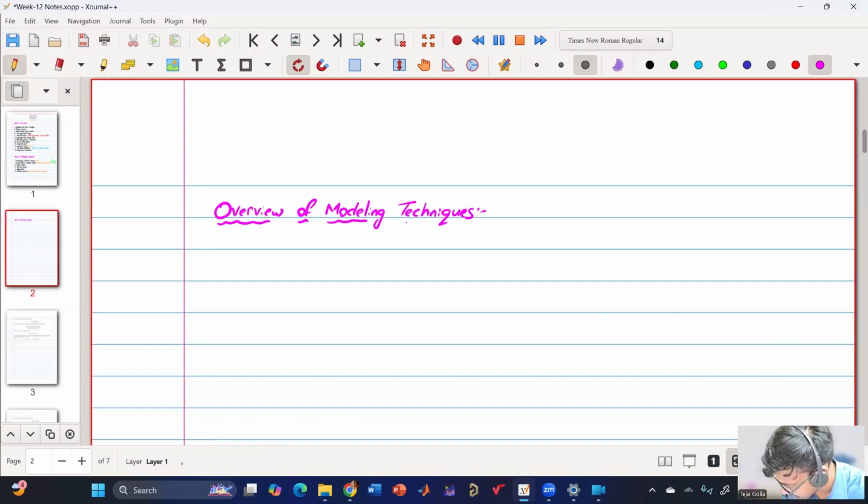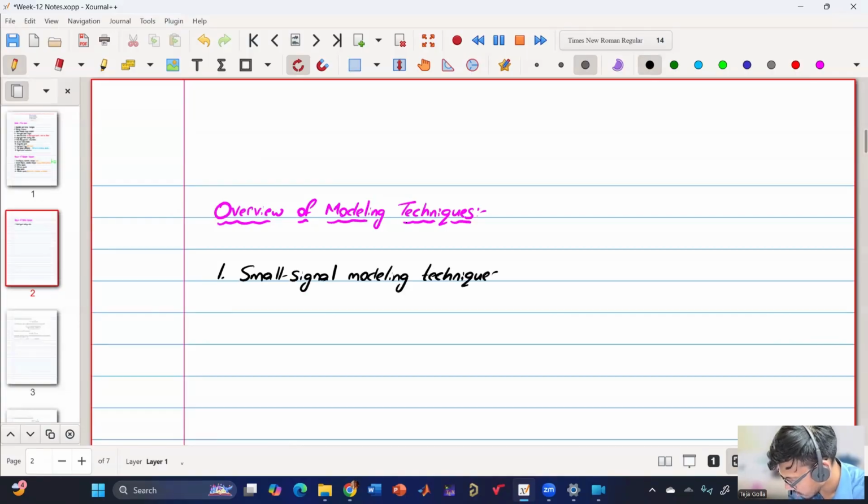So we have also learned different types of modeling, right? We started with the small signal modeling. First we got the small signal model, and then we validated it and used it to design the controller. How did we get this small signal model? From the equivalent circuit model, right? So we got the equivalent circuit model, and from there we got the small signal model.